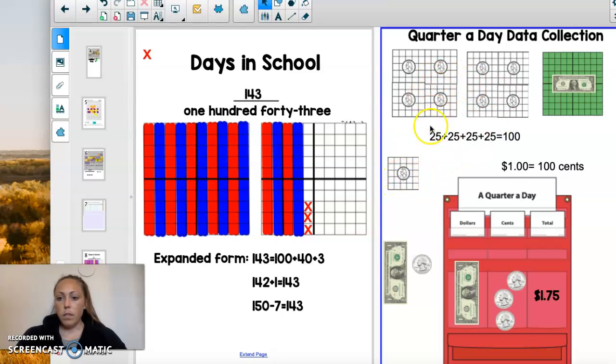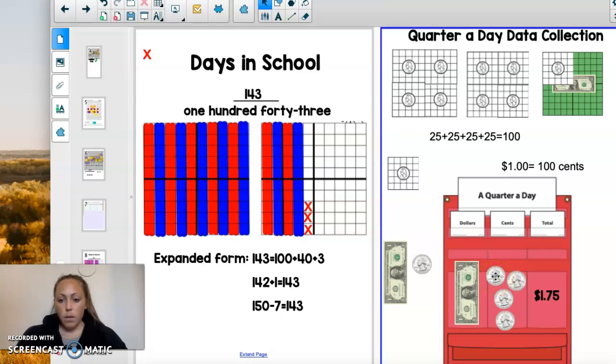Now we have $2. For today, we're going to add another one, and now we're at $2 and how many cents? I hope you said 25. So now we're going to add a quarter to our chart down here. So that was for Friday. Hey, we have 4 quarters. What does 4 quarters equal?